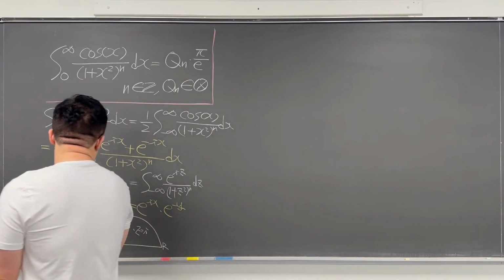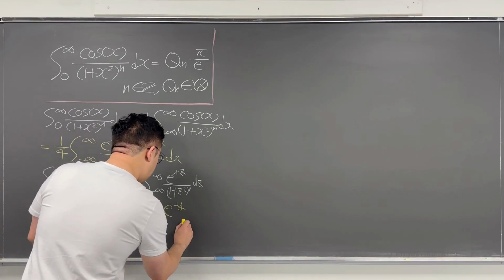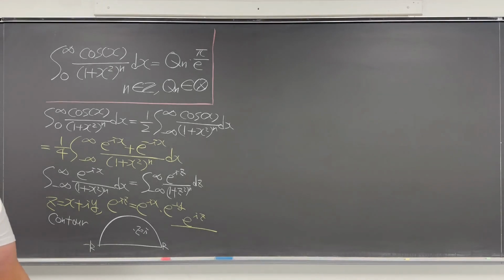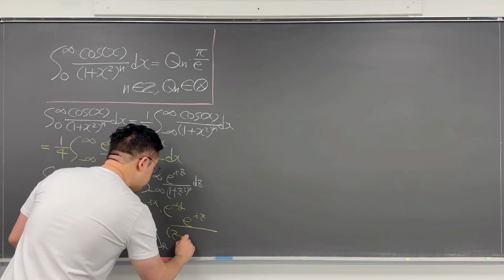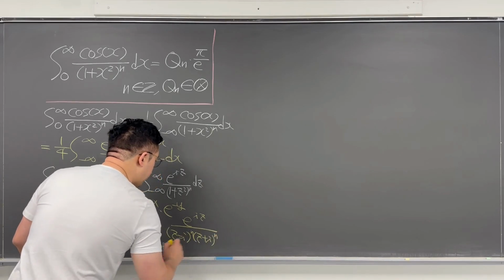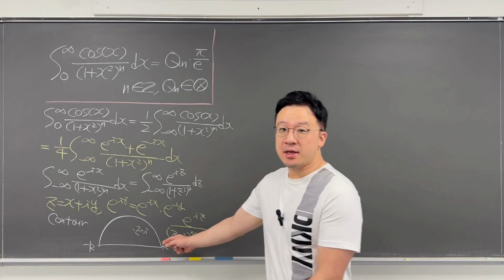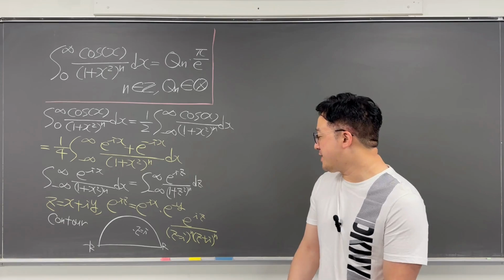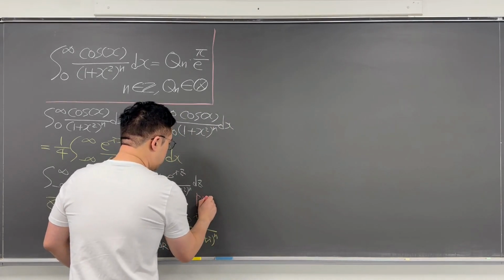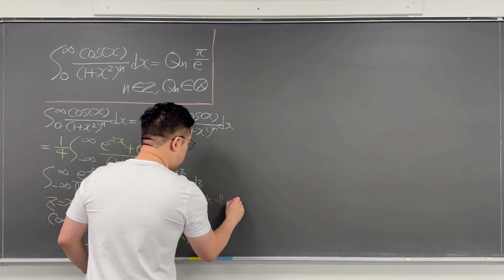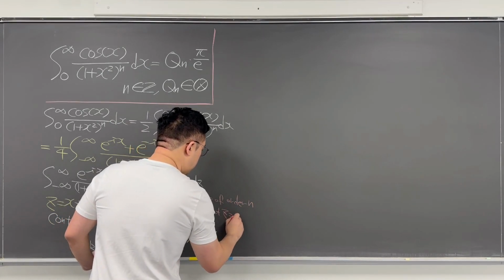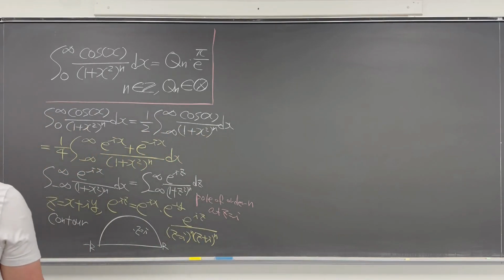Then we are working on e to the power of iz over (z minus i) to the power of n times (z plus i) to the power of n. So we can say this is going to be a pole of order n when z is equal to i, right? So pole of order n at z equal to i.